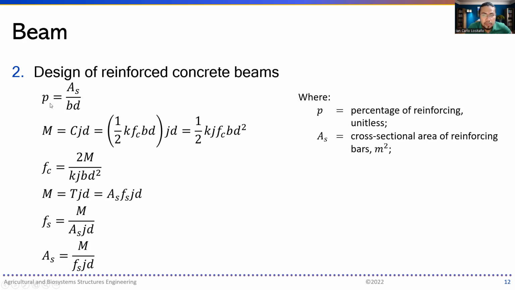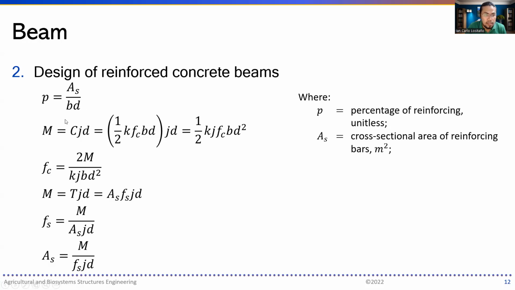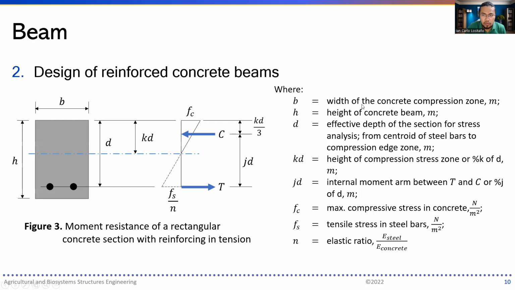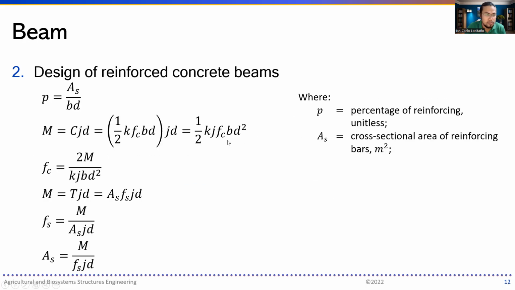You have your p, the percentage of reinforcing, which is unitless, As, the cross-sectional area of reinforcing bars, all over b and d, the width of the cross section over the height or the depth of the cross section.